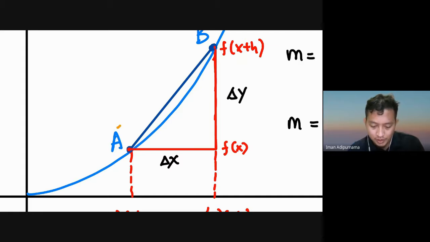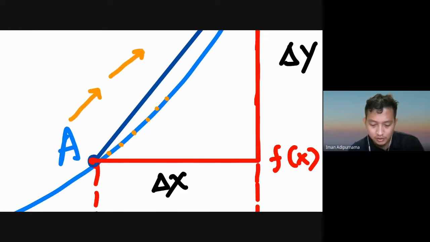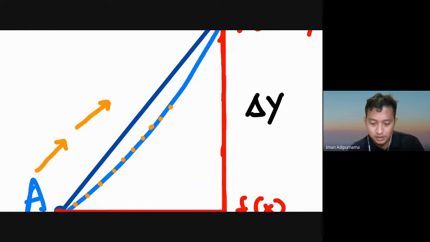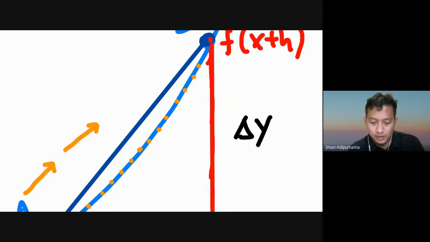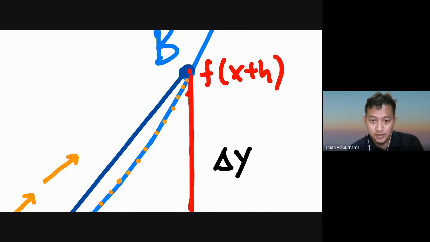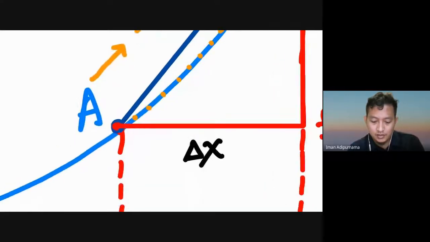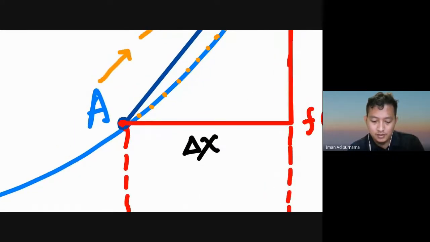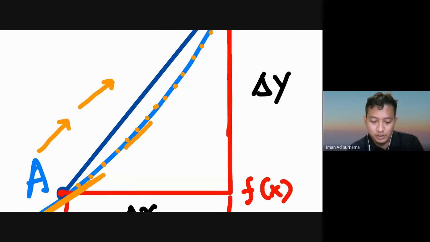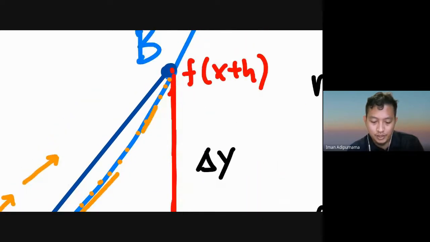So if you move A going here, approaching here, see my dot here, going here, going here, and then eventually when it's getting closer to B, the gradient here, or the tangent at this point, is going to change in every point here, right?